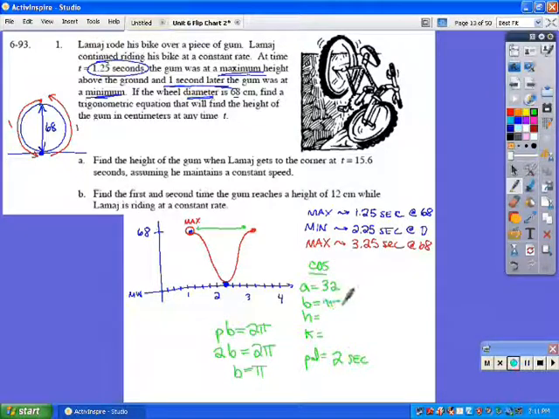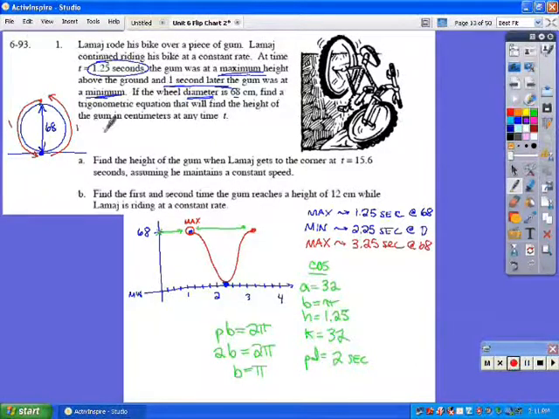So frequency is pi. Our horizontal shift is whatever we need to do to get from the y-axis to our first point, in this case 1.25 seconds. And last, our vertical shift is our max plus our min divided by 2. We're averaging them. It happens to be the same as the amplitude in this problem. That will not always be the case, but for this particular problem, that is the way it is.